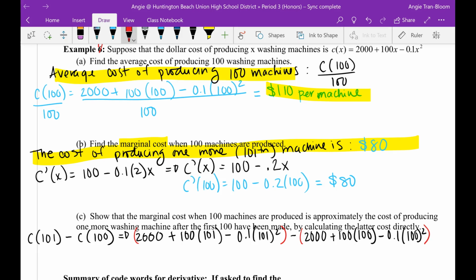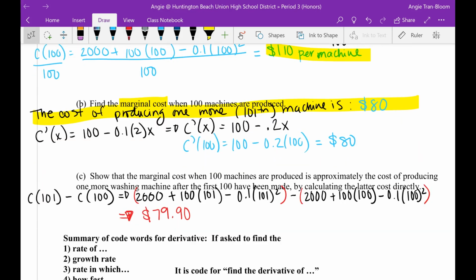I'm going to use my trusty calculator, cautiously punching this in. When you punch this all in, class, your calculator should show 79.90. Obviously, it's not exactly 80, but it's pretty darn close.